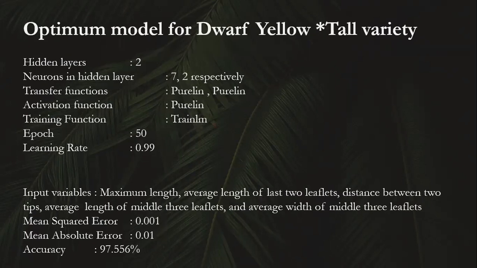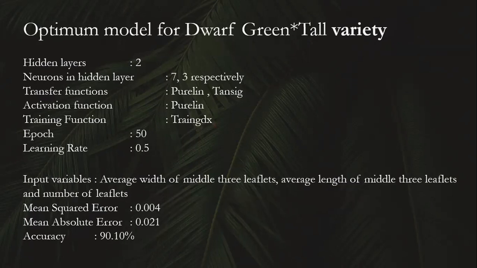For the dwarf yellow tall variety, input variables are maximum length, average length of last two leaflets, distance between two tips, average length of middle three leaflets, and average width of middle three leaflets. It has a lower error and high accuracy.